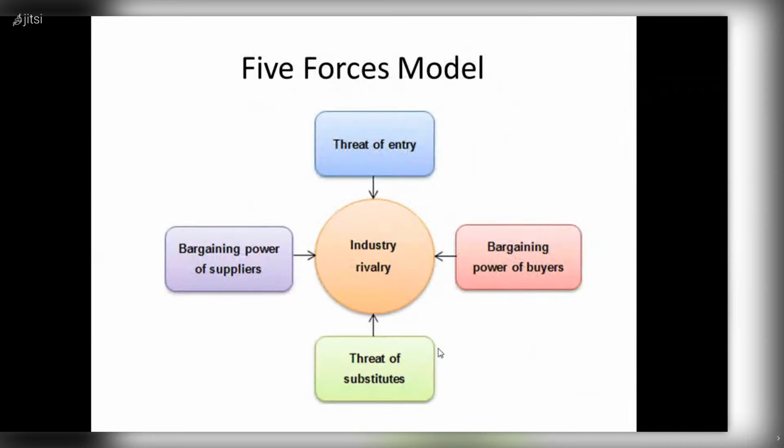Today I am going to discuss, in strategic management, very important strategic models.